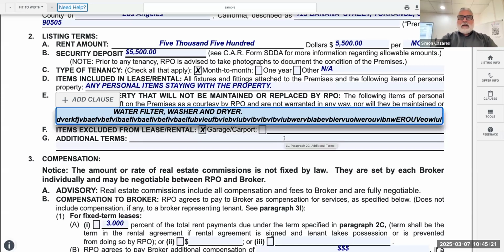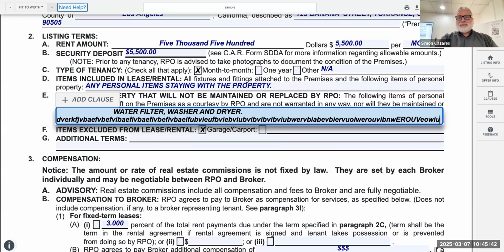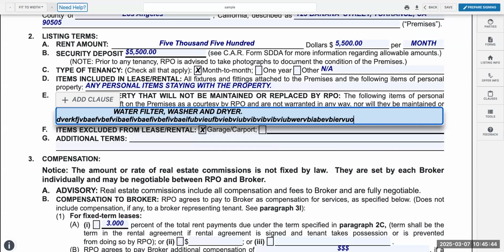So regardless of how much you put into this, at the end, when it's ready for signatures, it will attach the additional supplement to the lease agreement, where all of the language that you added will be included. Does that make sense? Yes, thank you. Okay.